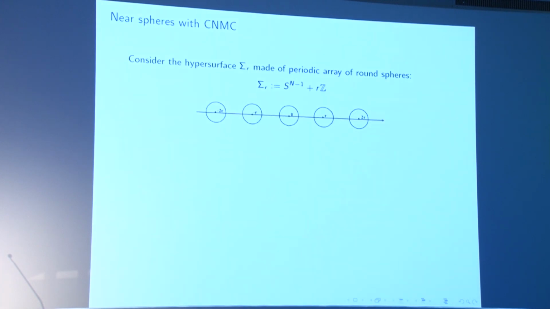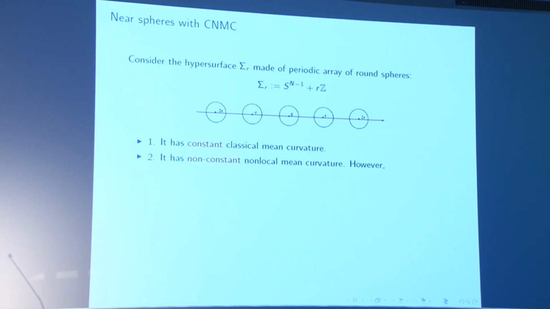What we did here is consider a periodic array of spheres centered at the discrete points in Z, separated by R. We were trying to understand whether they have constant non-local mean curvature or not.